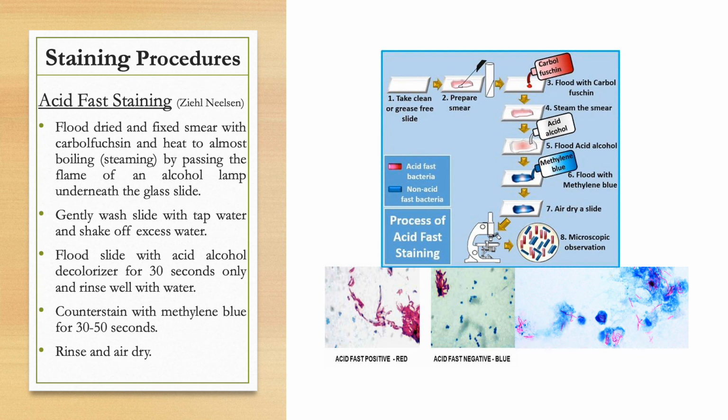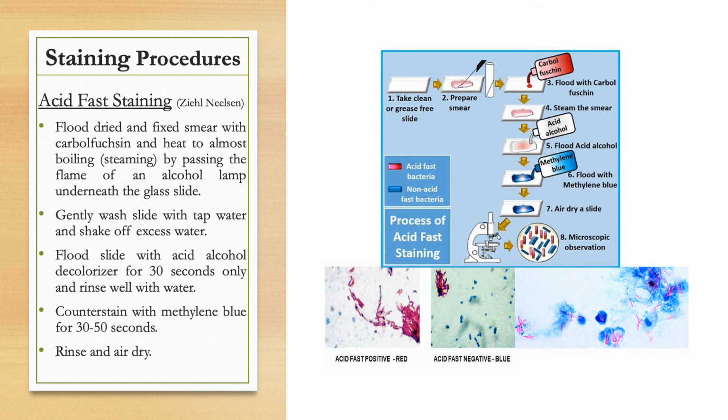Next, we have another differential staining method known as the acid-fast staining. So acid-fast staining has two subcategories. The first one we will be discussing is the Ziehl-Neelsen technique or the hot method. Right? This is usually used for differentiating mycobacteria.